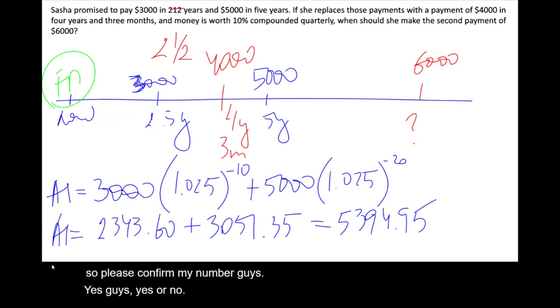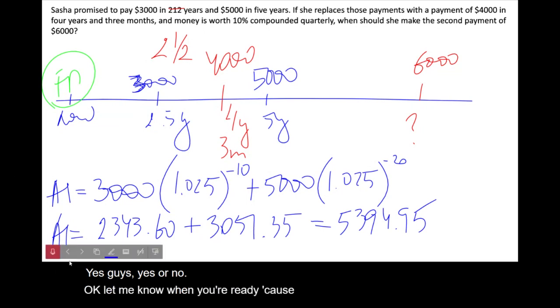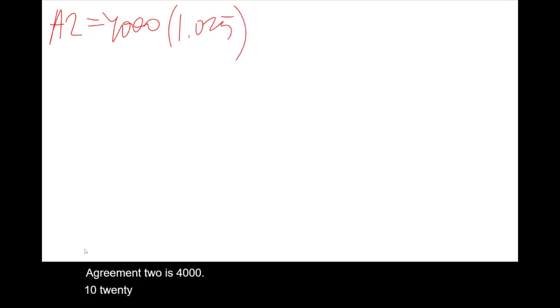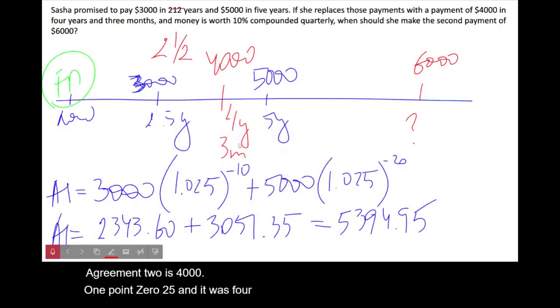Okay. Let me know when you're ready, because I need to flip a page. Okay, so agreement 2, let me change color for red. Agreement 2 is 4,000 times 1.025, and it was 4 years, 3 months.